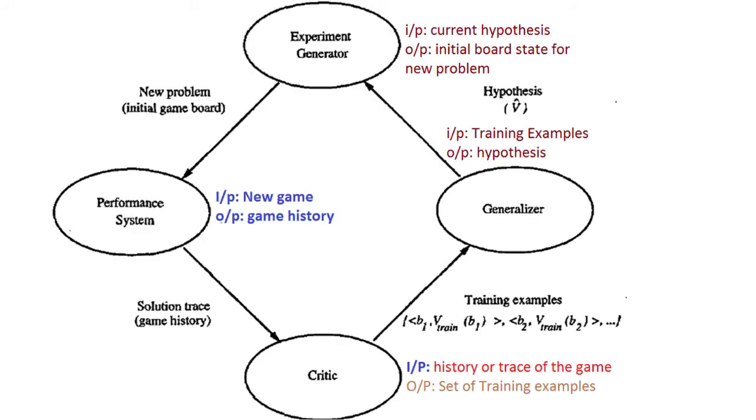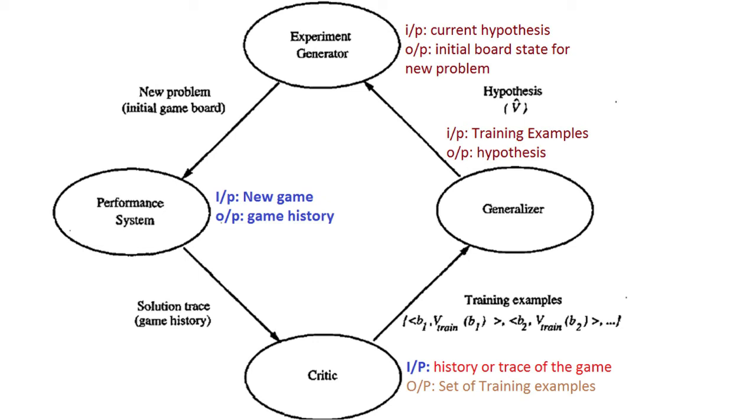The performance system is the module that must solve the given performance task by using the learned target function. It takes an instance of a new problem, that is, a new game, as input and produces a trace of its solution. It generates the game history as output.